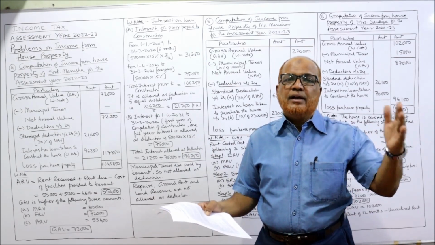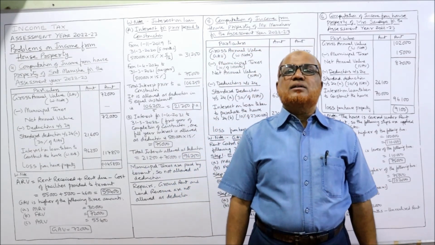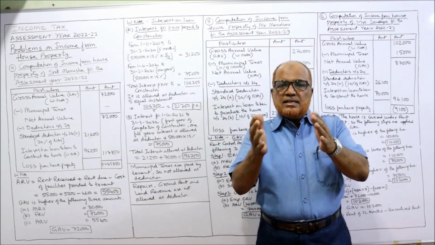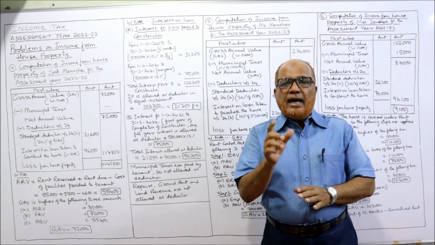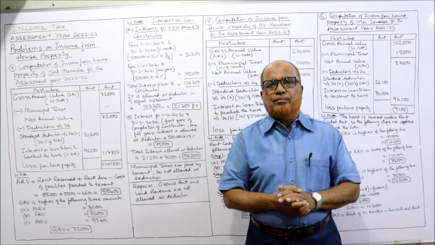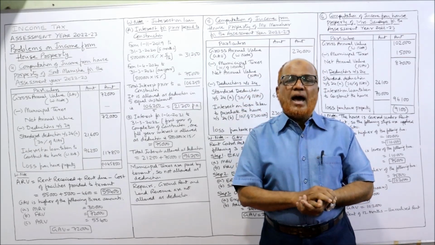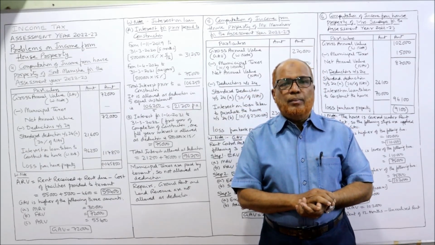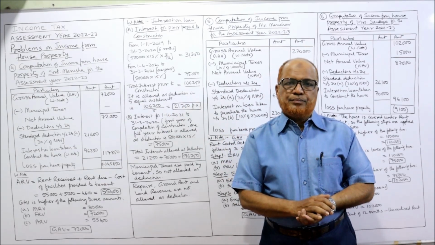prior construction period interest. According to the provisions of the Income Tax Act, if an assessee has taken a loan and started construction, any interest paid on the loan before the date of completion of construction will be allowed as deduction in 5 annual equal installments from the date of completion of construction.